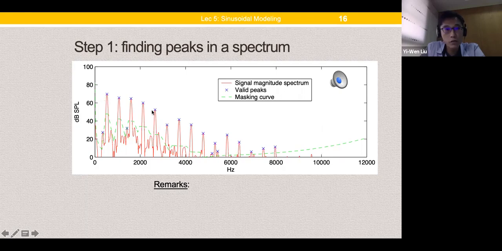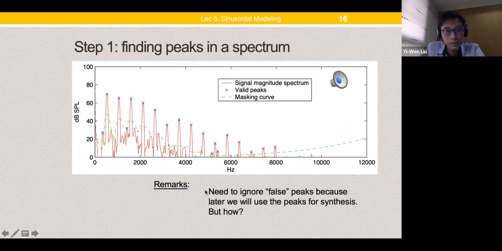You see the fundamental frequency and the harmonics, as well as some spurious, unwanted peaks. So the issue is, how do we ignore these unwanted peaks, even that and that and so on? I'll leave this as an open question to you.